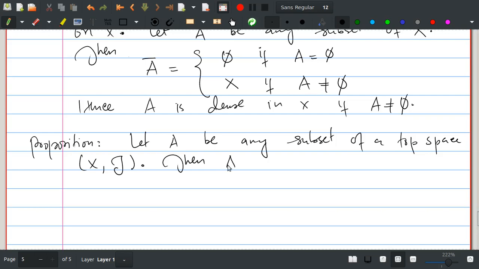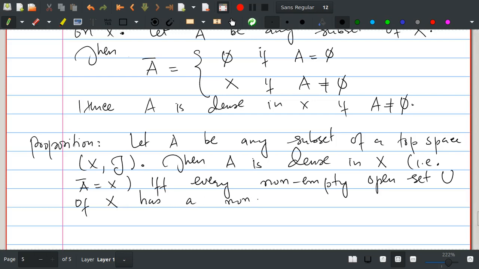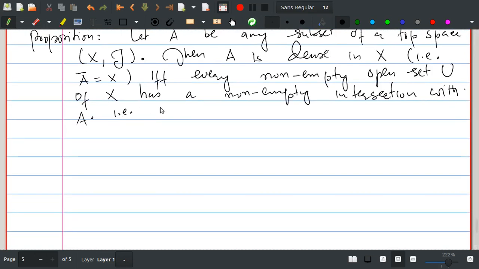Then A is dense in X, i.e. A closure is X, if and only if every non-empty open subset U of X has a non-empty intersection with A, if and only if every non-empty open set, say U of X, has a non-empty intersection with A, that is U intersection A is actually non-empty.